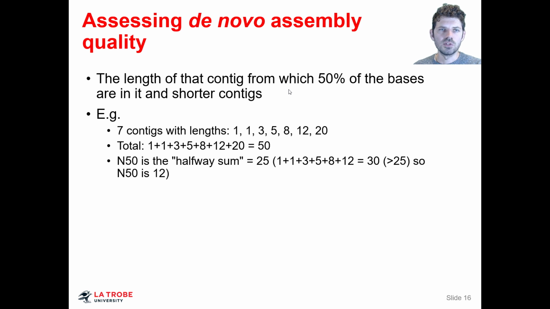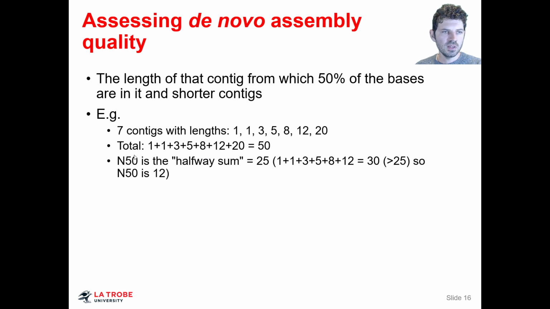So the N50 is the length of the contig in which 50% of your DNA is basically contained. Just as an example, if we have 7 contigs, we have 2 contigs that only have 1 base, and then a few that are a bit longer, going from 3 to 20. You sum up the total number of nucleotides that you have, so you have 50.